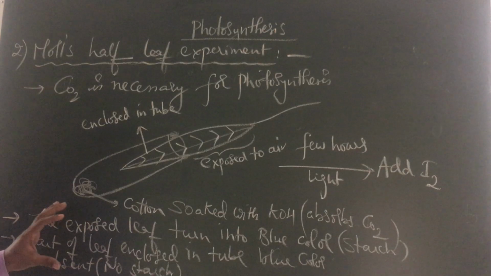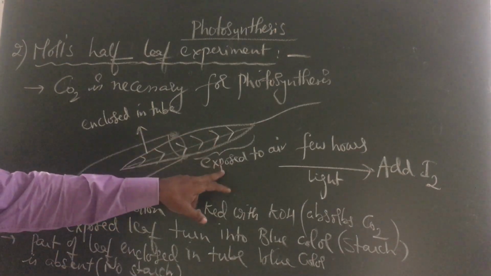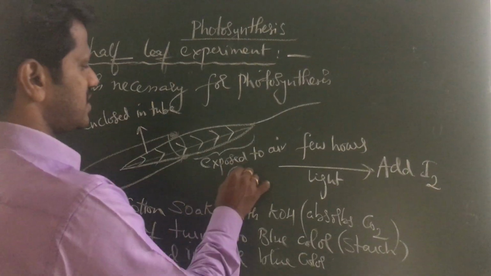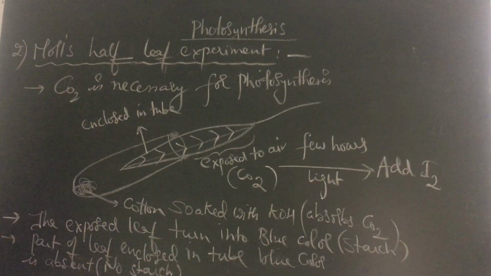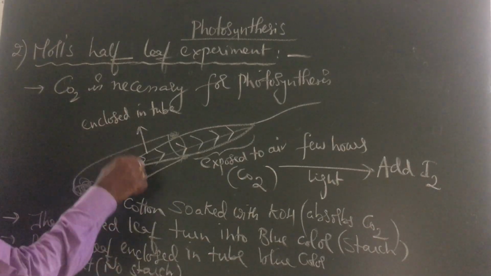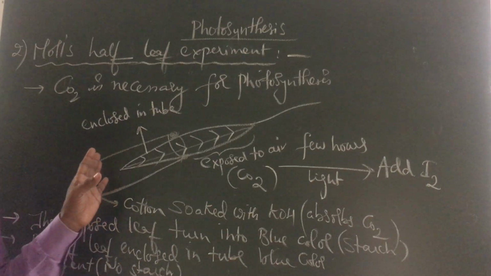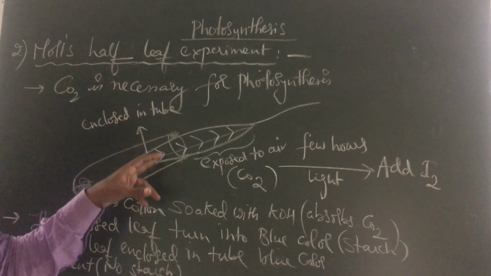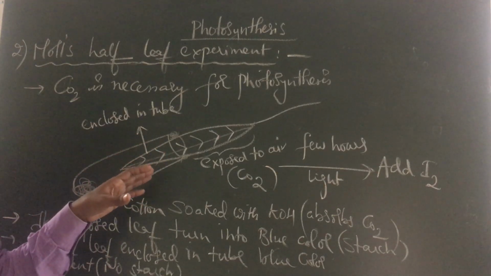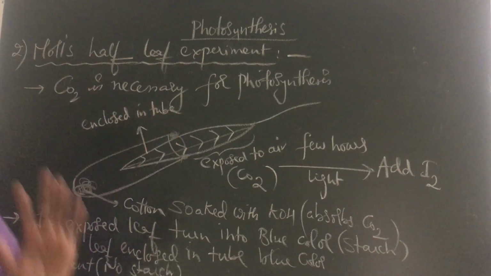So that is why this experiment proves that carbon dioxide is necessary. Exposed to air means carbon dioxide is present; inside, carbon dioxide is absent. Even though sunlight reaches both parts, see why you are keeping it in the test tube? You are not covering it with black paper. The leaf is exposed to sunlight both inside and outside the test tube, which is common.